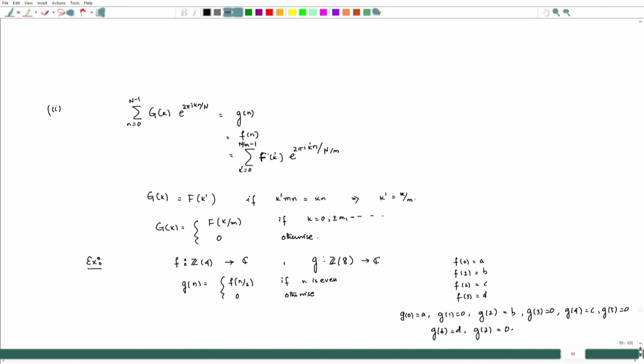So, I can write this as: if f is a b c d, then our g is equal to a 0, b 0, c 0, d 0.